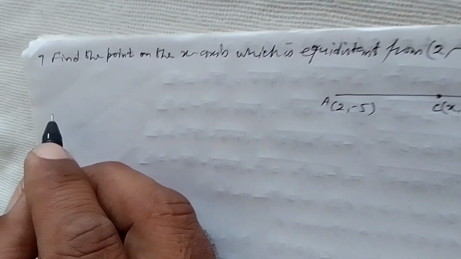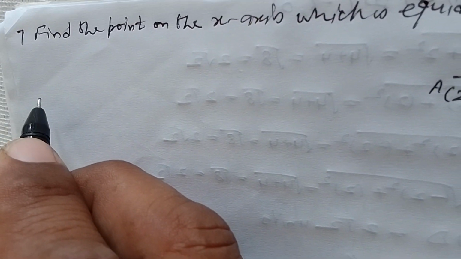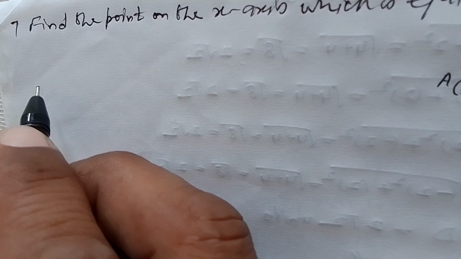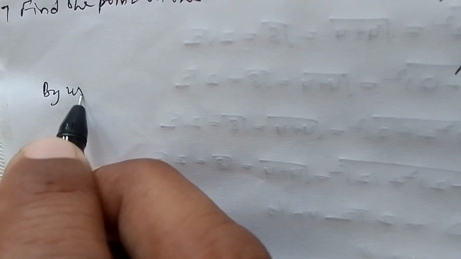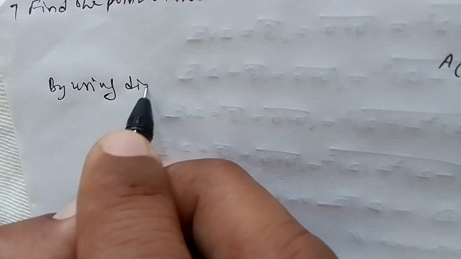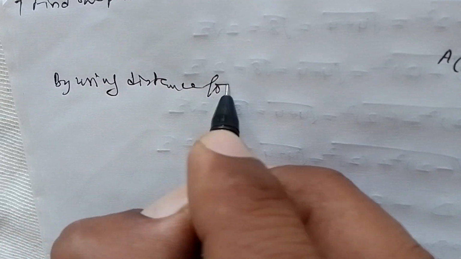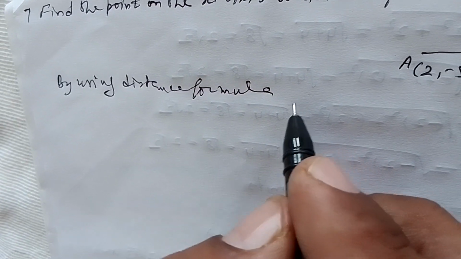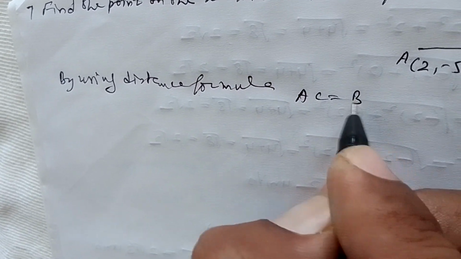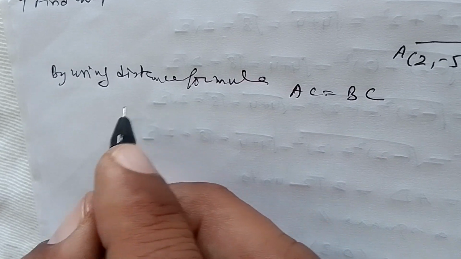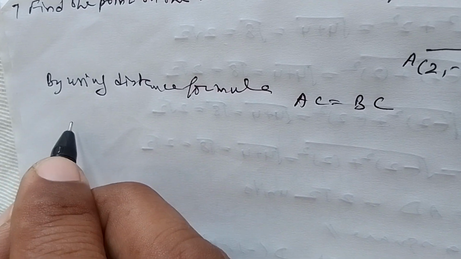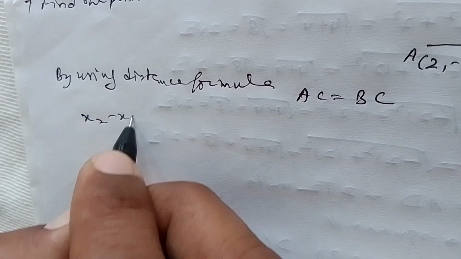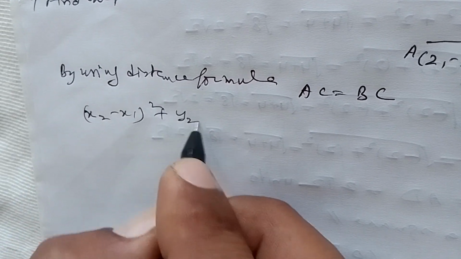So let us calculate the distance between these points by using the distance formula. Using the distance formula, we have to calculate AC is equal to BC. So for AC, x2 minus x1 square plus y2 minus y1 square.